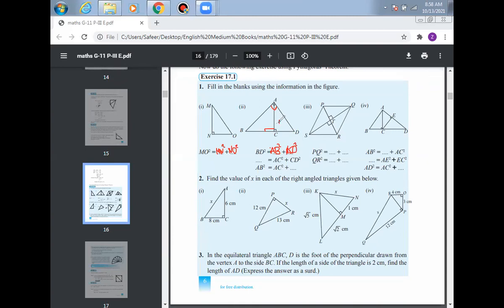So this triangle is used. AC squared plus CD squared equal to, in this right angle triangle, AD. So here you have to write AD squared.